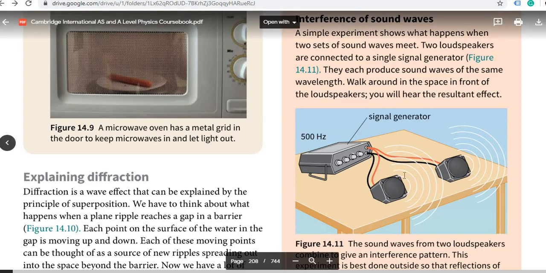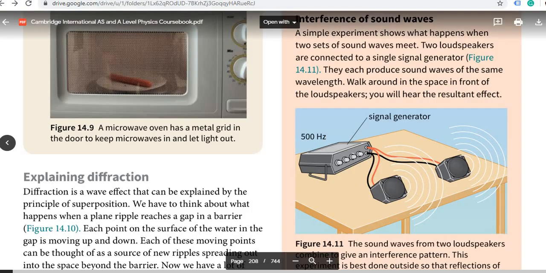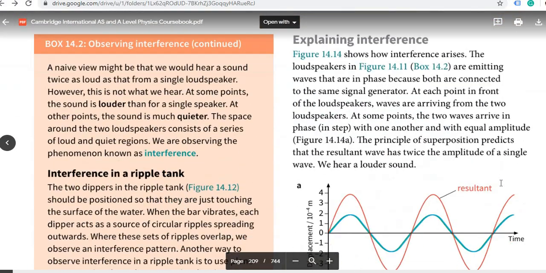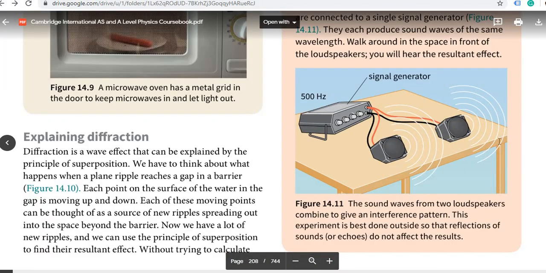So as soon as this produces one compression, on this side there will also be the same compression. So that's why the waves are what we say coherent. Okay, in phase and coherent. So you can get quiet places and loud places.